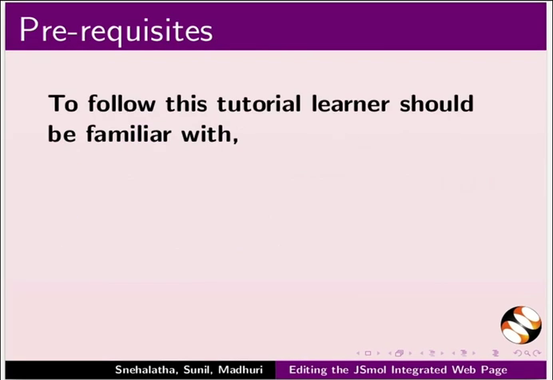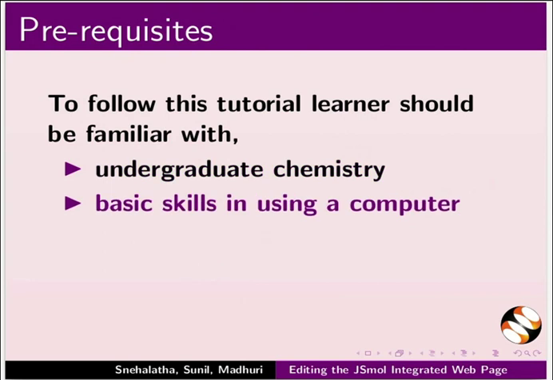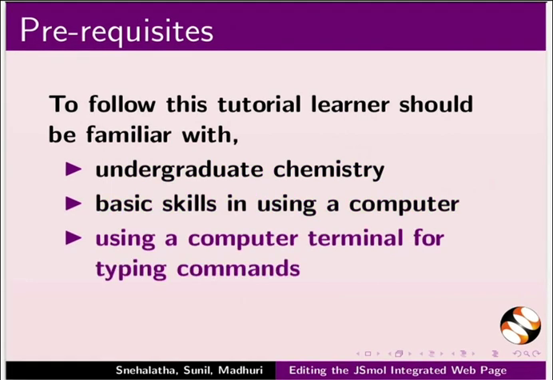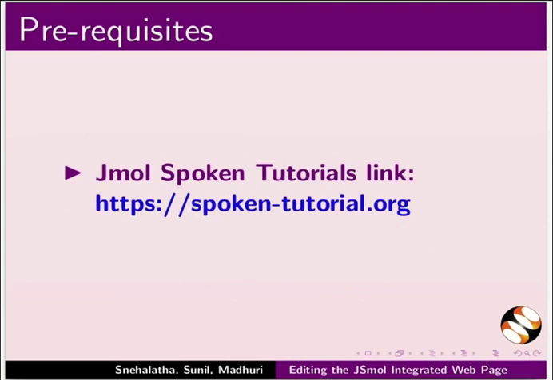To follow this tutorial, learners should be familiar with undergraduate chemistry, basic skills in using a computer terminal for typing commands, script commands in Jmol. Please use the link given here for spoken tutorials in Jmol application series.